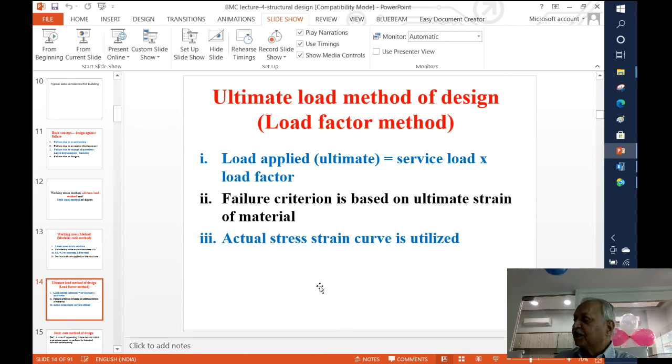That strain of the material, like in concrete, is 0.2% or something like that. For every material, the ultimate strain is specified, so that at failure this will be the failure strain. So I will calculate for my ultimate load, which is the service load multiplied by the load factor.